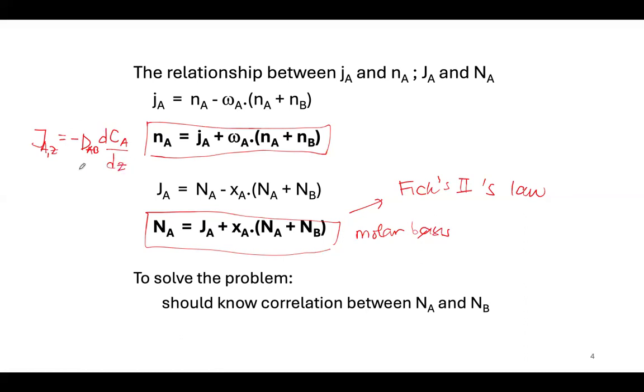So this is the diffusivity, this is the concentration gradient, and this is the gradient of the distance. So we know JA, but we don't know NB. So if you want to solve the problem, we need to know the correlation between NA and NB.